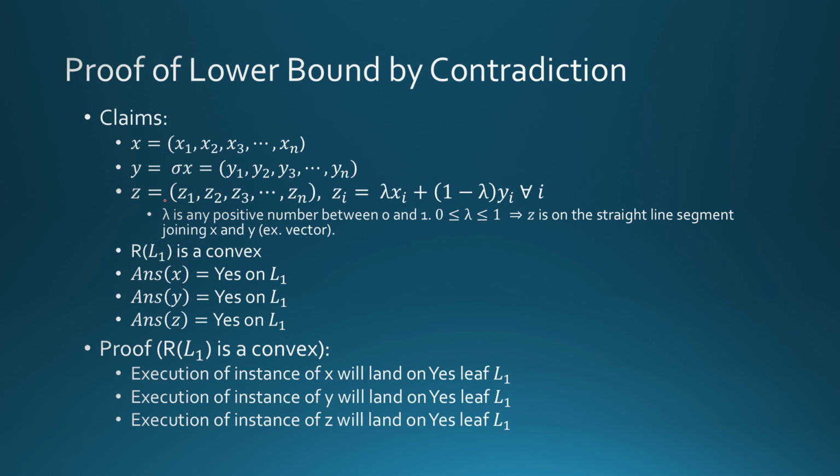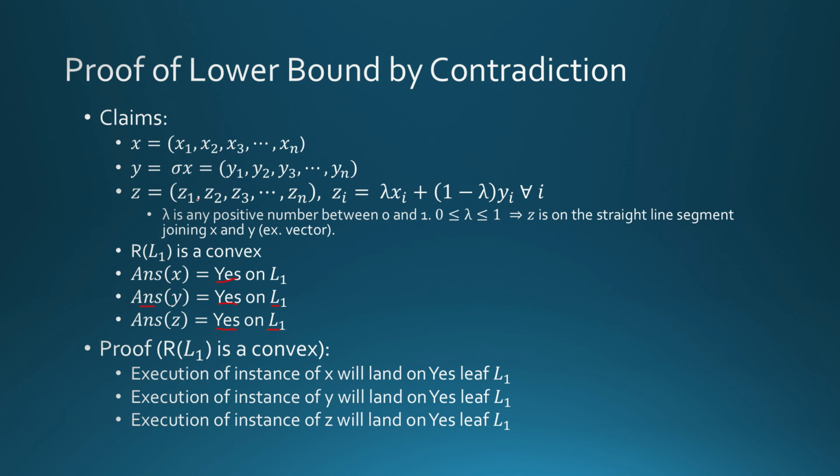Now we're also saying that R, the region where leaf one is, is convex, because answer X will lead us to a yes answer on leaf one, answer Y will lead us to a yes answer on leaf one, and answer Z will also lead us to a yes answer on leaf one.